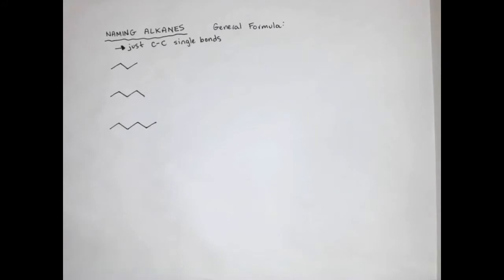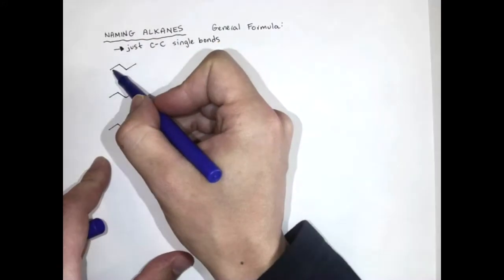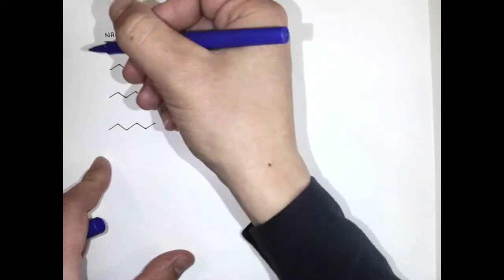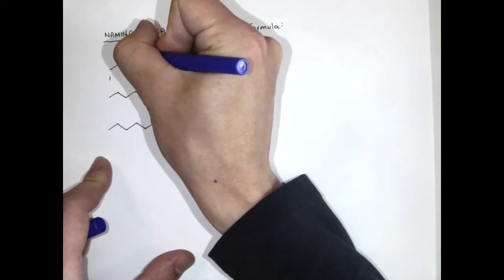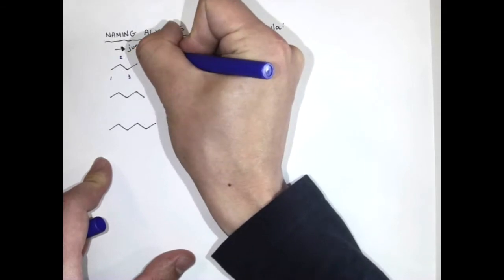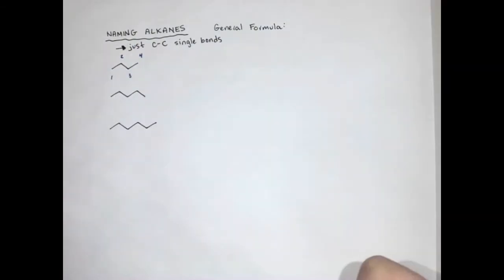So if I look at the first one, I see 1, 2, 3, 4. So I've got carbon 1, carbon 2, carbon 3, carbon 4, and the root name that we use for a 4-carbon chain is but.